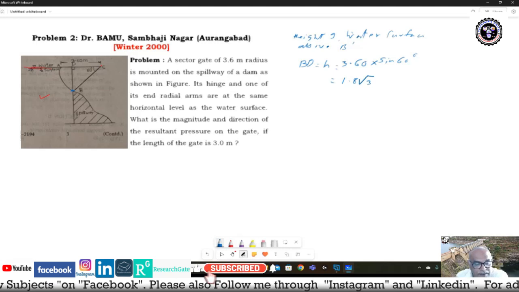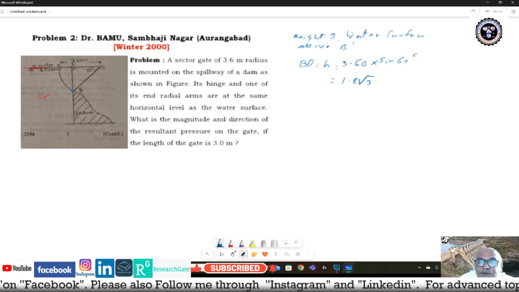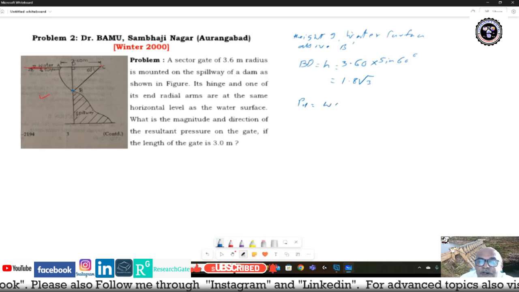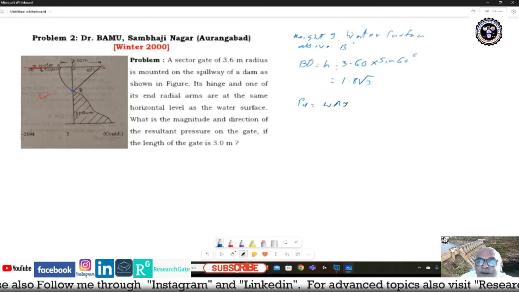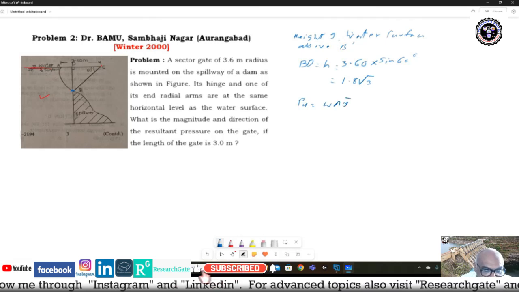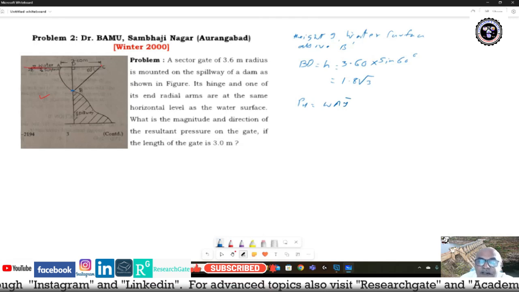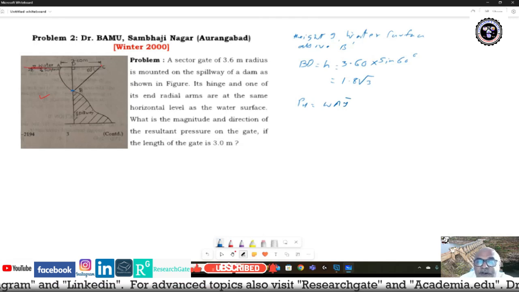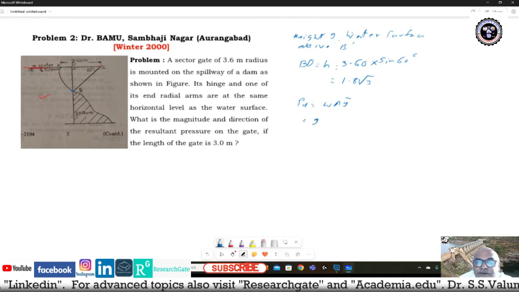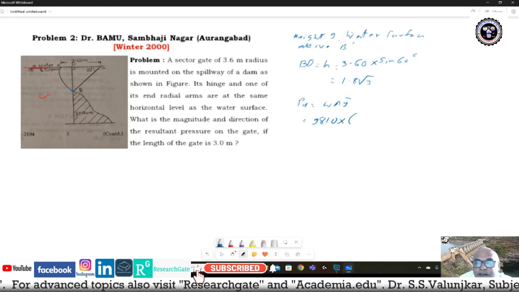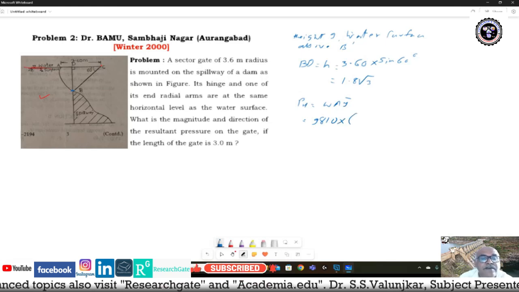Then pH is equal to W into A into Y bar. So 9810 into area of the gate, where 3 meter is the width here.